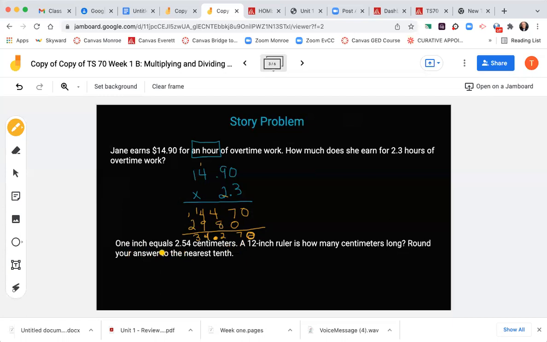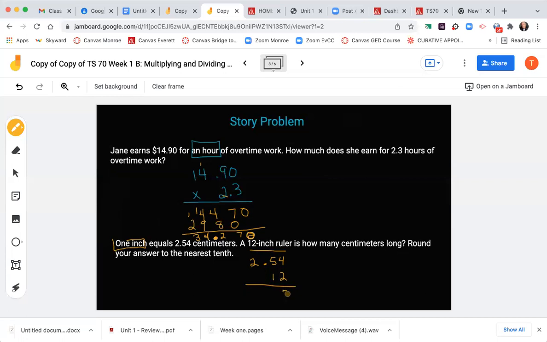All right, let's look at the next one faster. 1 inch equals 2.54 centimeters. A 12-inch ruler is how many centimeters? So again, notice I'm putting my 2.54, my number with more digits, even though 2.54 is technically smaller than 12, okay? But it'll just be easier when I'm doing the math.